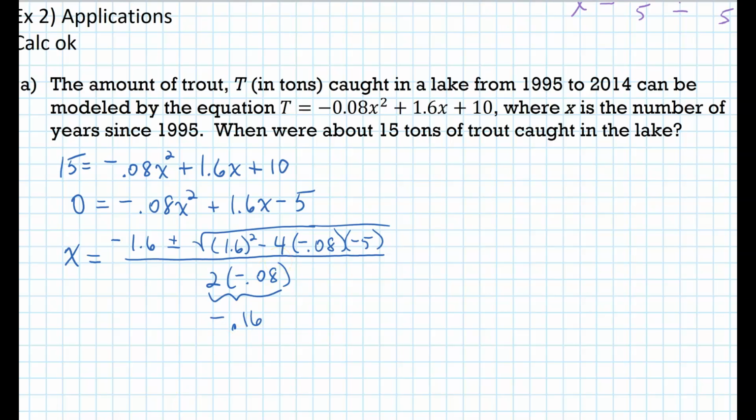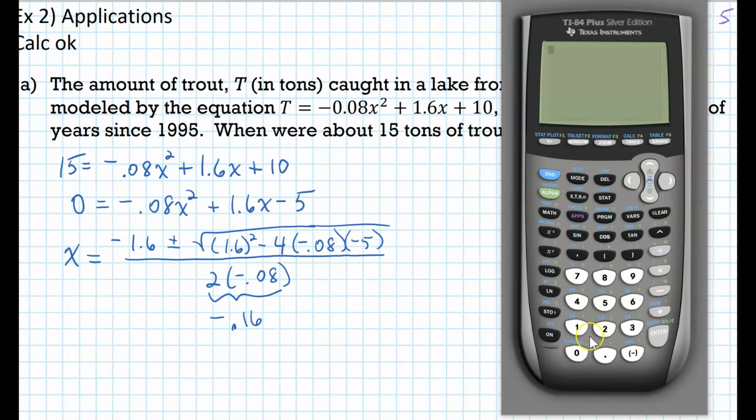Okay, so again, we're going to plug this into our calculator. So I have negative 1.6, and our calculator cannot do plus and minus, so we start with the plus, and then we do square root. So that's right here. So second, and then the x squared. So square root, and we do 1.6 squared. Don't you have to do parentheses?